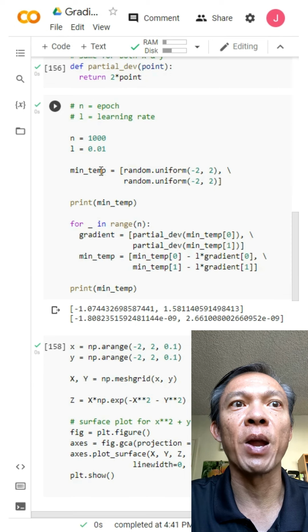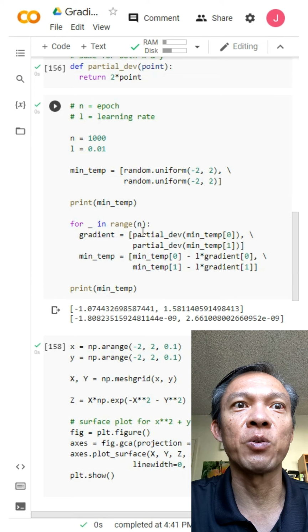I'm going to start at a random starting point using the uniform function of the random library, and it's basically going to pick a random point between -2 and 2 to put in the x direction, and another random point between -2 and 2 to put in the y position. So here is the temp right here, and this one is just a starting point. Okay.